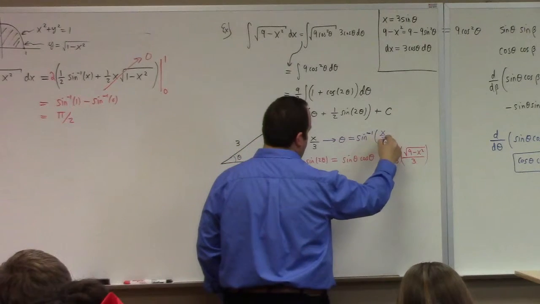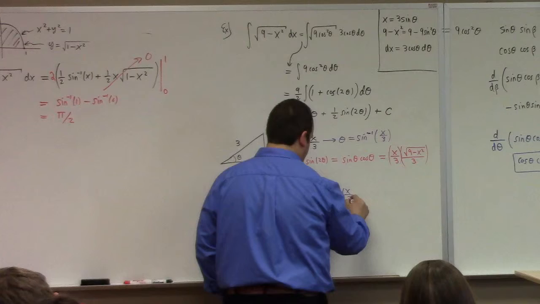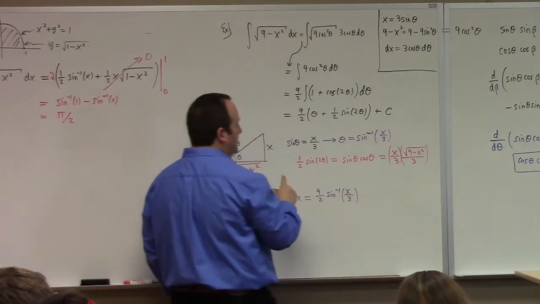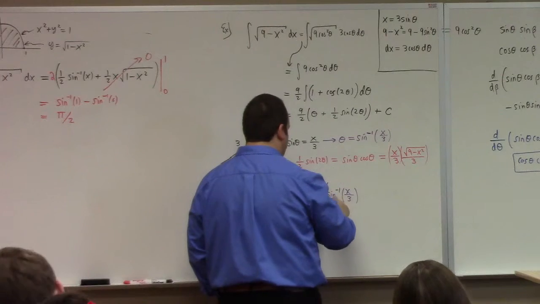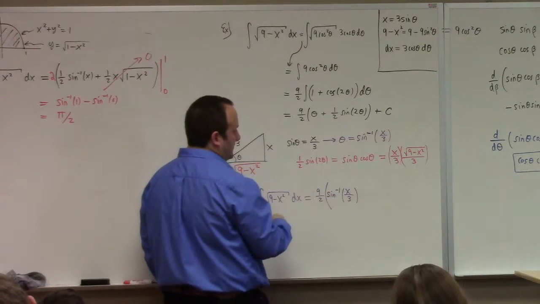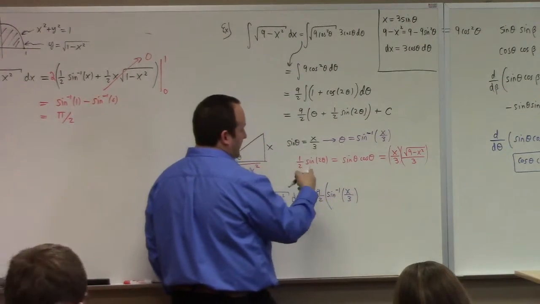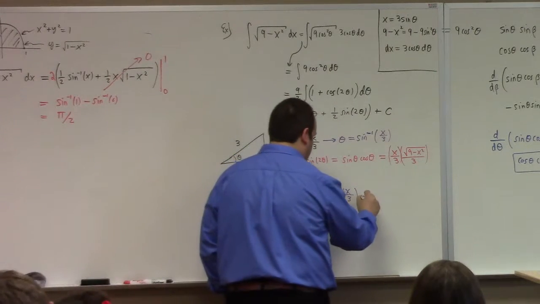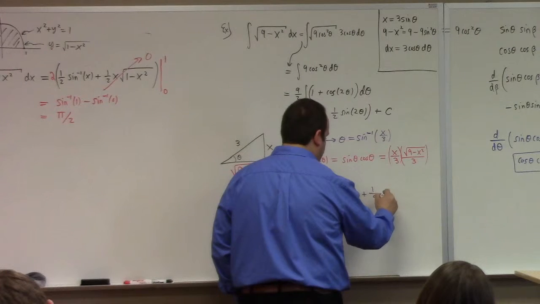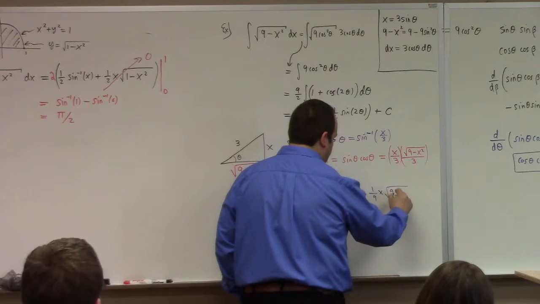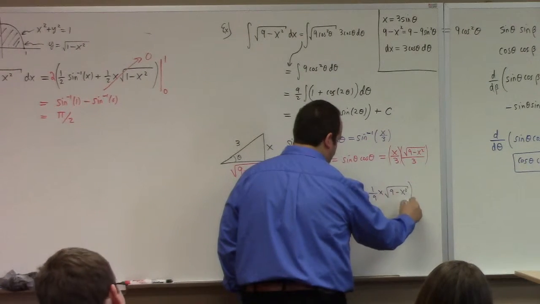X over 3 this time, right? X over 3. And then I guess I factored out the 9 halves. So 9 halves, big parentheses, inverse sine of x over 3. And we just showed that 1 half of sine 2 theta is in fact plus 1/9 x times the square root of 9 minus x squared plus a constant.